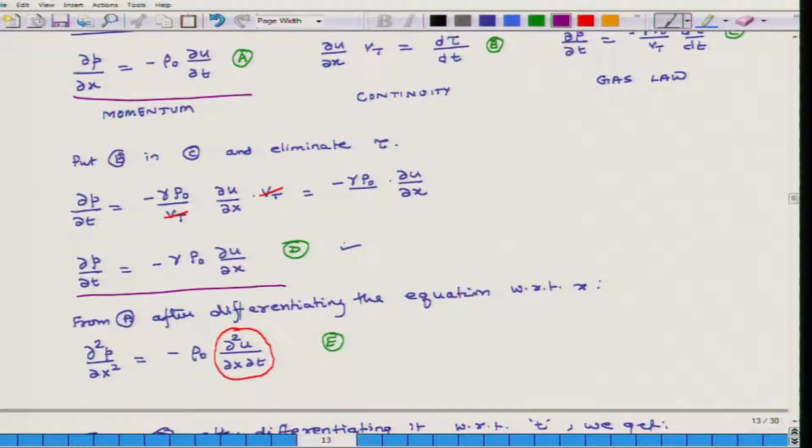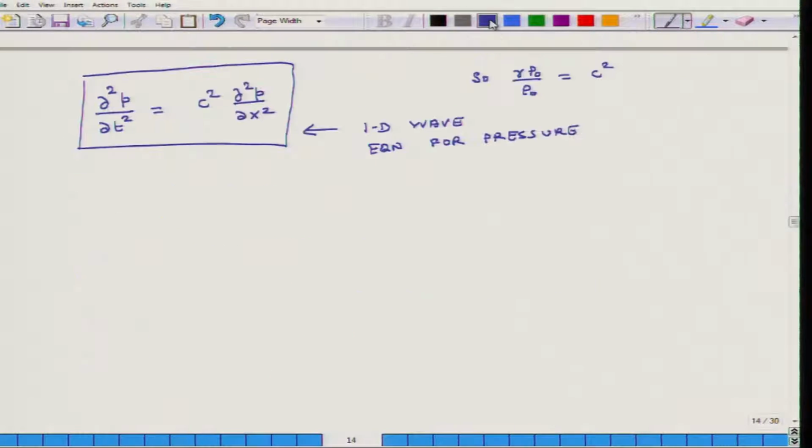I can eliminate pressure from A and B by differentiating equation A with respect to time and equation D with respect to x, and then I get cross derivatives in pressure and an identical equation in u. So the form of the equation is similar: the second derivative of u with respect to time is equal to c square times the second derivative of u with respect to x.